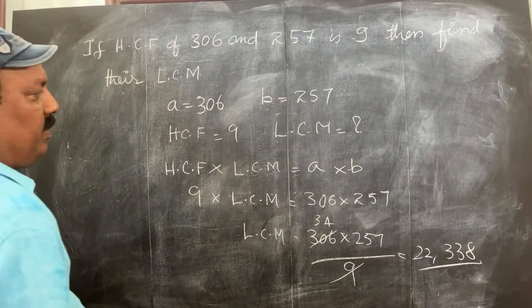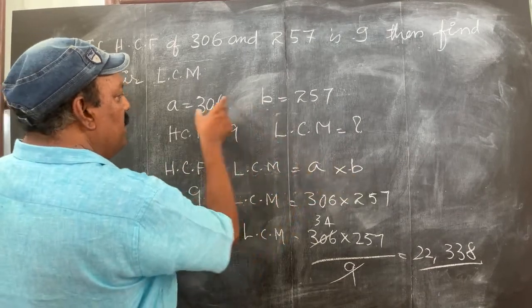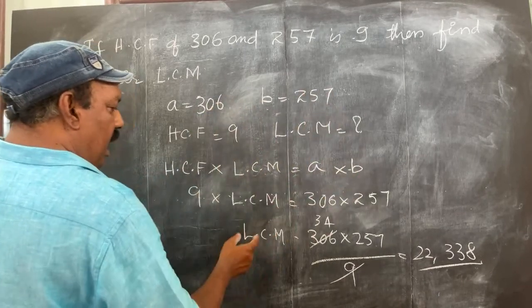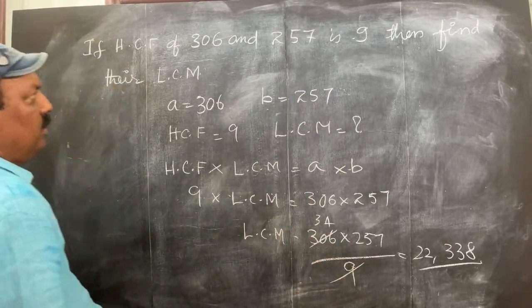That is the LCM of this one. This is the formula: HCF into LCM is equal to A into B. Here A is 306 and B is 257, and the LCM we got is 22,338.